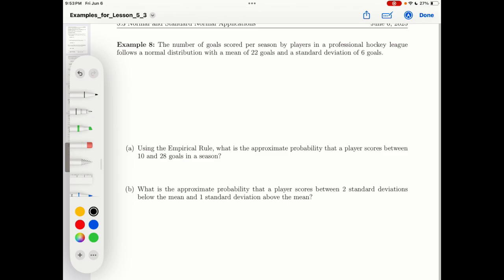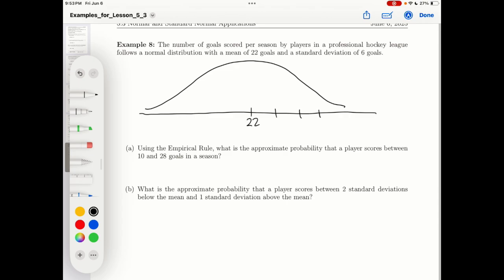Okay, last example, the number of goals scored per season by players in a professional hockey league follows a normal distribution with a mean of 22 goals and a standard deviation of 6 goals. So let's draw the graph. The center is going to be 22.